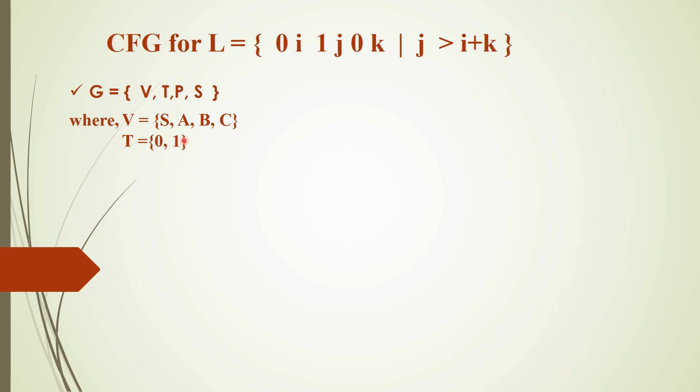T is nothing but your terminals or symbols, so 0 and 1 are the symbols we use in our problem. Then the production rules are as we generated before. S is your starting symbol. As per our production rules, our starting symbol is S, so that's why I'm mentioning S over here as the starting symbol. I hope you understand this.